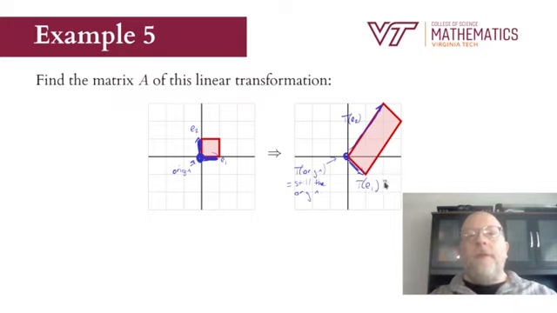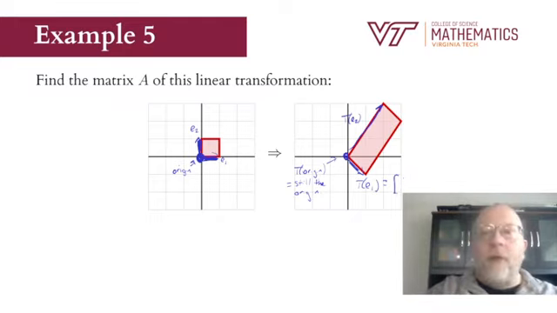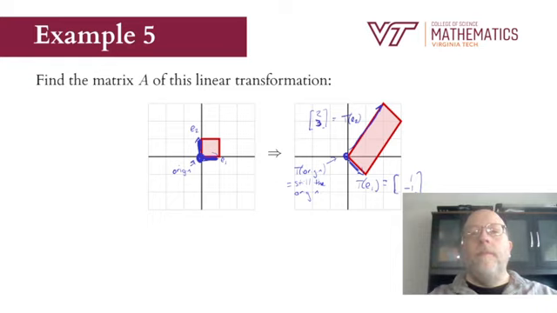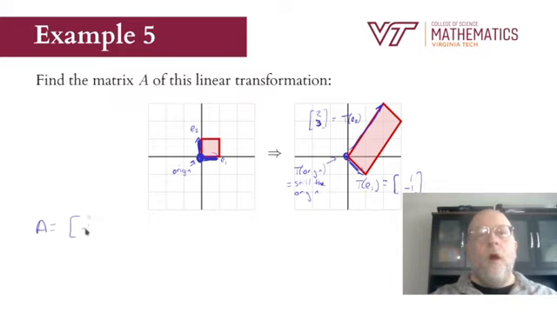Well, the coordinates of the transformed version of E1 is, I'm sorry, +1, -1. I've got it backwards. And the transformed version of E2 is, I'll put it over here, +2, +3. And so the matrix of the transformation is 1, -1 in the first column, and 2, 3 in the second column.